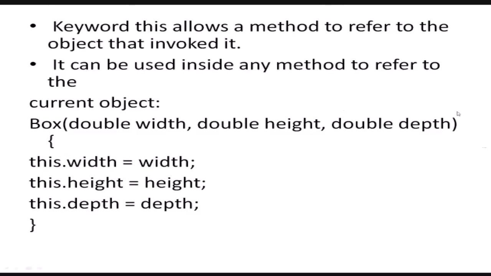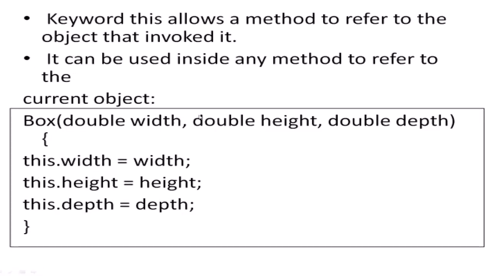So for example, if you are going to see the box, width, height and depth is already assigned. For example, if you are having another class A, sometimes int w is equal to 10, int height equal to 20. So like that, it may be there.